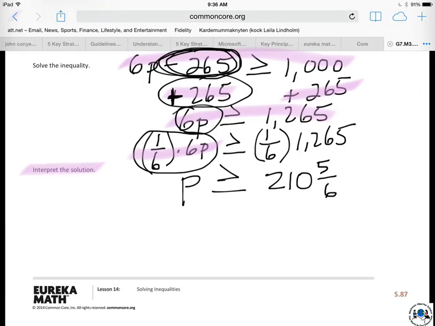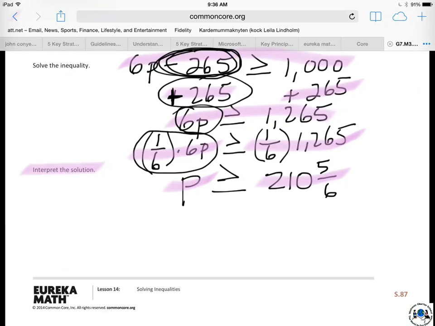So if I do multiply 6p by 1/6, of course I get p, and then if I multiply 1/6 by 1265, or 1265 divided by 6, I come up with 210 and 5/6 people.